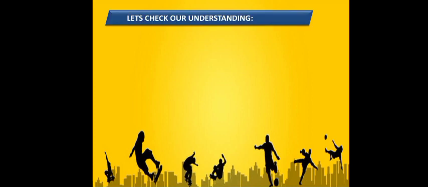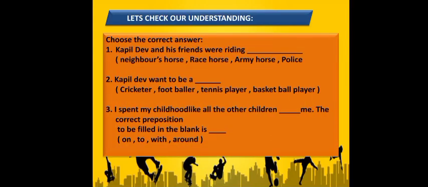Now, I want to check your understanding. So, what to do, children? Just look at the screen, read the question and write the answers in your workbook. Do it quickly, children. Okay. Choose the correct answer. Kapil Dev and his friends were riding dash. Neighbor's horse, racing horse, army horse, and police horse.